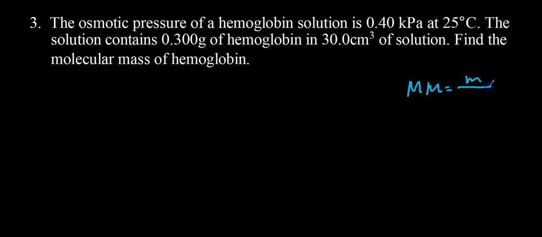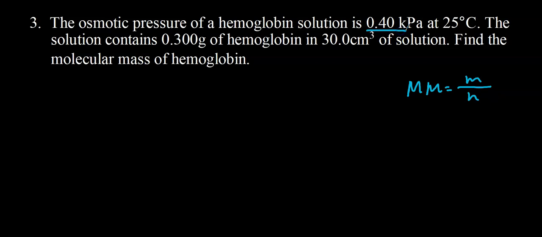So we're going to take the mass of the hemoglobin, which is given to us in the problem, and divide it by moles. Okay, so kind of like what we did with boiling points and freezing point of solution, we can use colligative properties to determine the molar mass or molecular mass of the solute. So instead of being given the boiling point or freezing point of a solution, we're given the osmotic pressure.